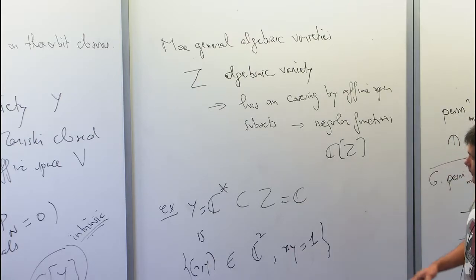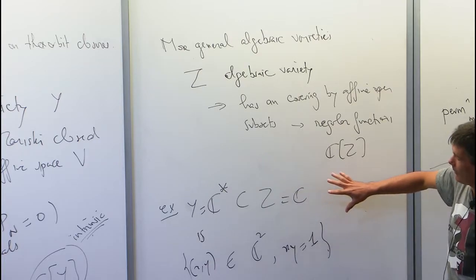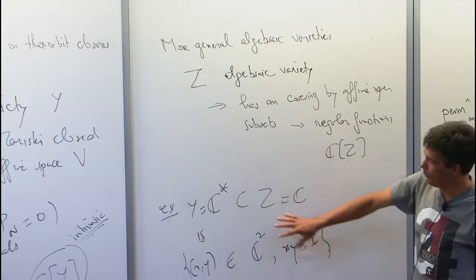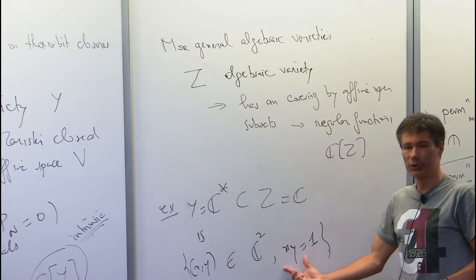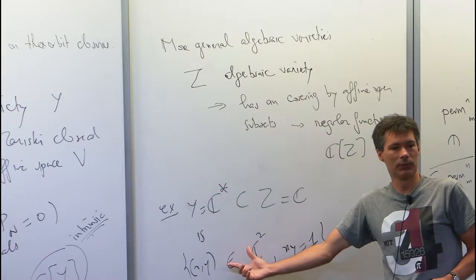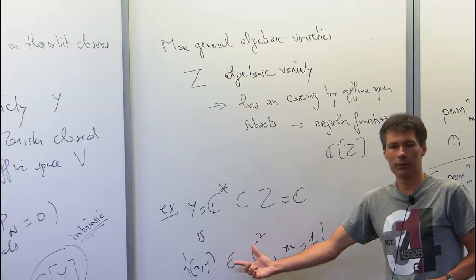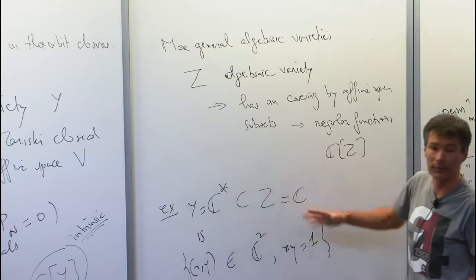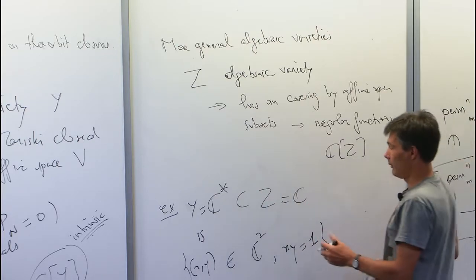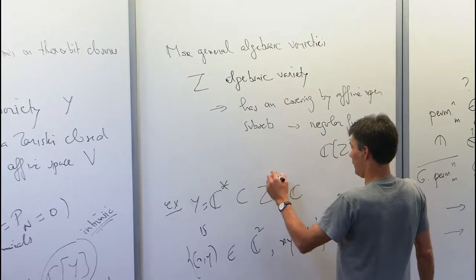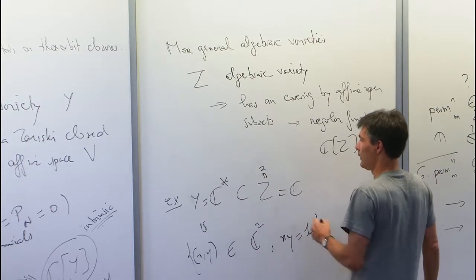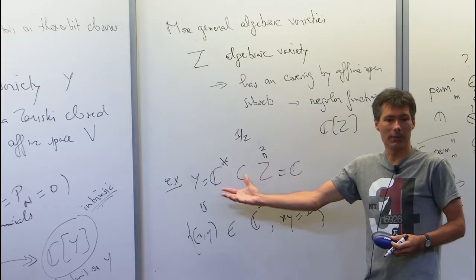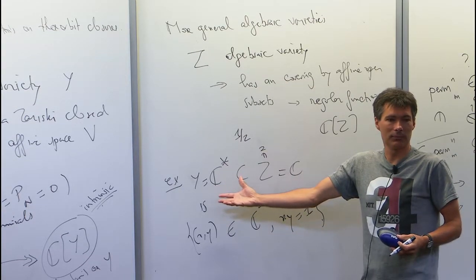And you see that in this situation, what are the regular functions on Y? We can just take any polynomial in x and y and restrict it to Y. We will get all the regular functions. If we try to do this from the first picture, this will not work, because if we have the coordinate z here, we can look at the function 1 over z. It's an algebraic function on Y. It is not a polynomial.